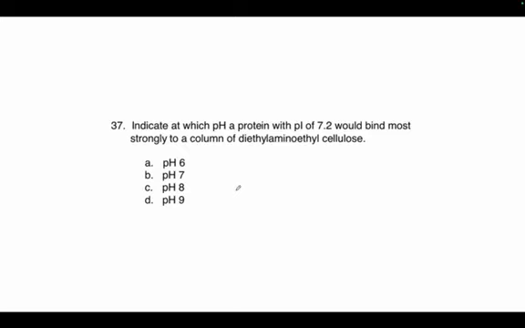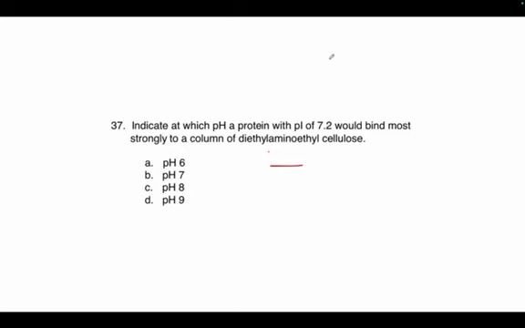Indicate at which pH a protein with pI 7.2 would bind most strongly to a column of diethylaminoethyl cellulose. Okay. We already know DEAE cellulose is going to bind to anions, right? Anion exchanger. So our protein should be negatively charged. Now, at which pH will our protein have the strongest negative charge? Okay. The protein will gain more and more negative charge as we move above the pI.